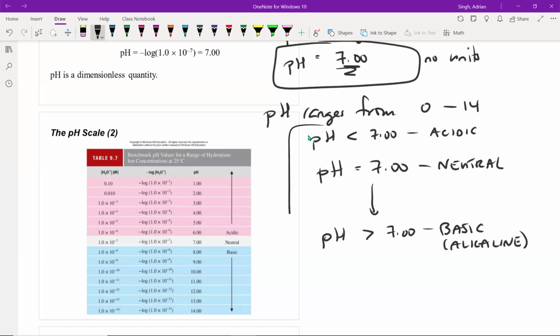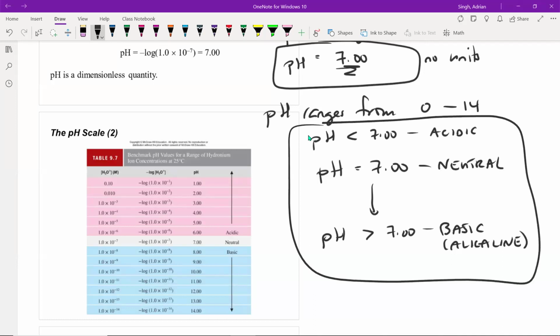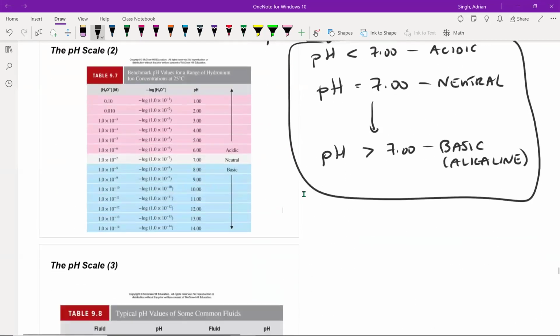Okay, and that's the pH scale that we want to be concerned with. So if we can determine the pH of a solution and we get a number, we just match it up to our pH scale. We can say really quickly whether a solution is acidic, whether it's basic, or whether it is neutral, as long as we have that H plus or the H3O plus concentration.